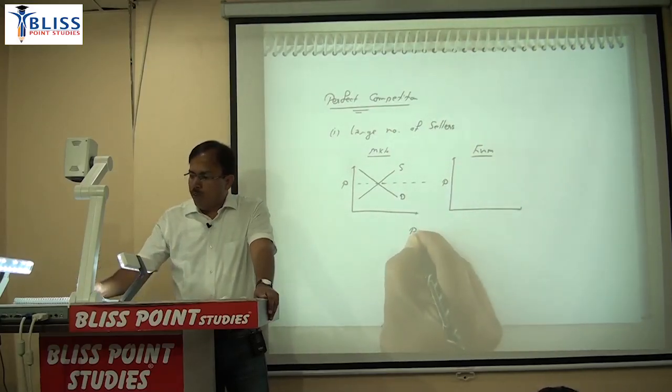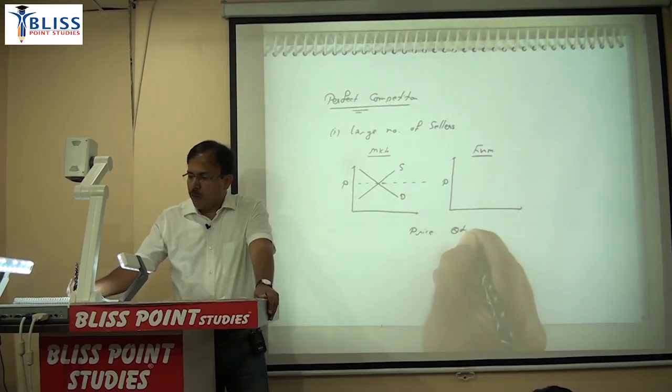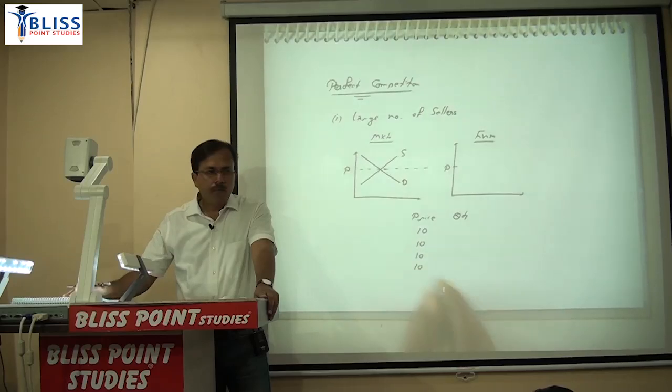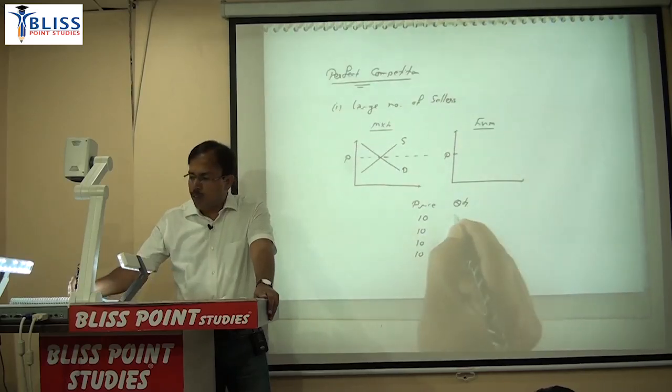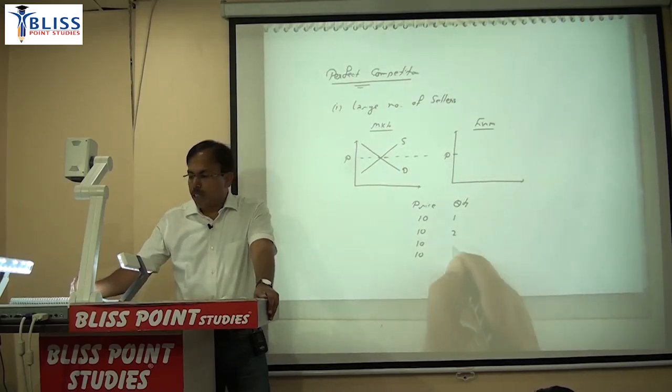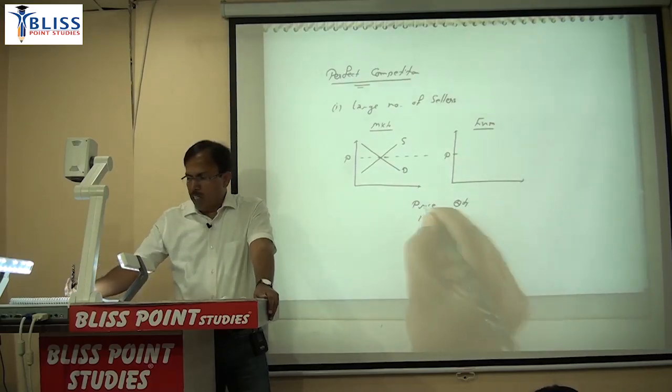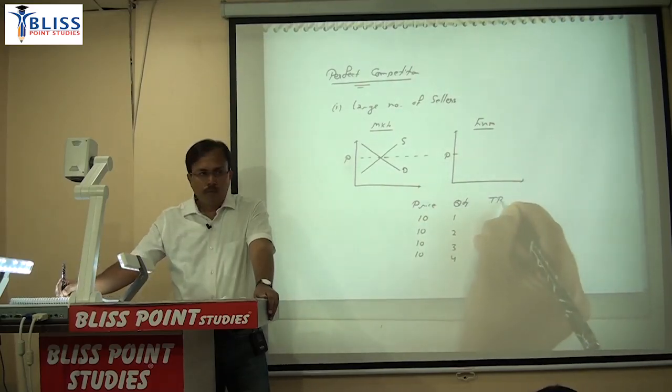For one particular firm price is constant, बराबर में quantity लिखा है. So if I say price is constant at, for example, suppose 10, so price will remain 10 whether firm is selling 1 unit or 2 units or 3 units or 4 units or any unit. Price into quantity will become what?